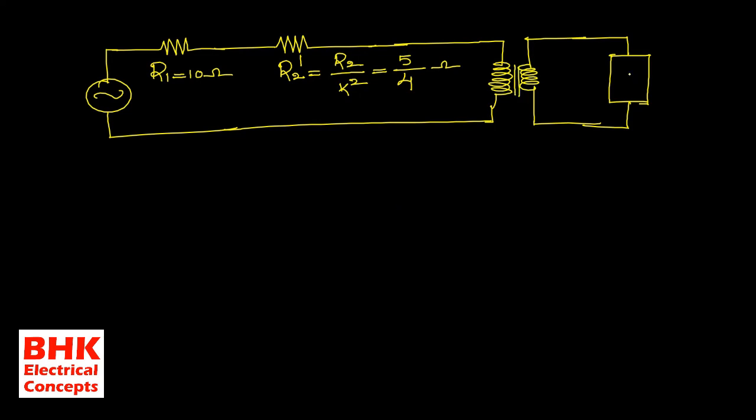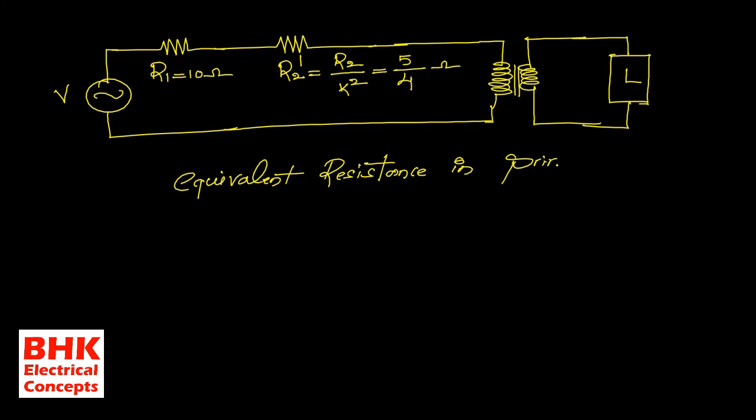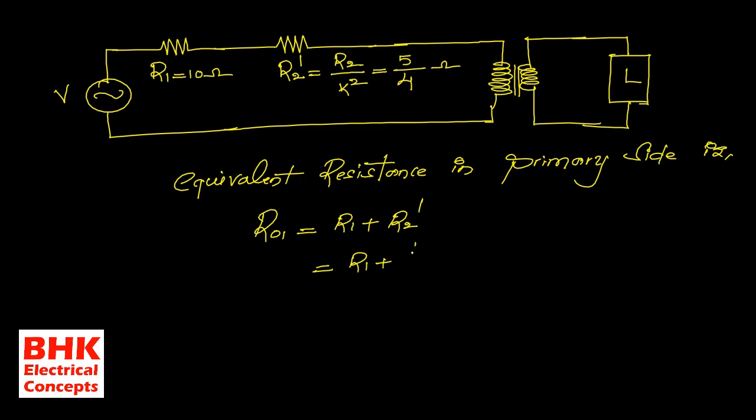Now see here. This is the load, and this one is the source. R1 and R2 dash are both connected in series. Then the equivalent resistance in the primary side is given by R01 is equal to R1 plus R2 dash, that is R1 plus R2 divided by K square.